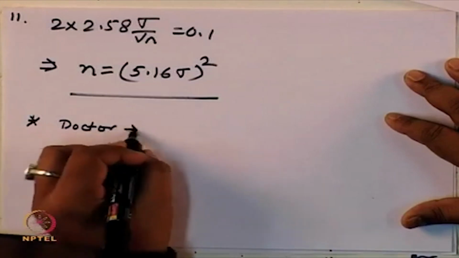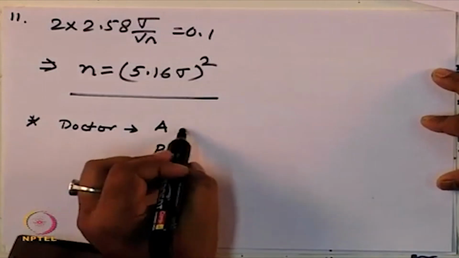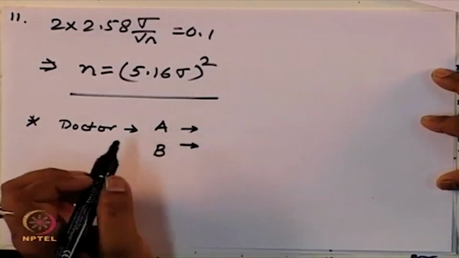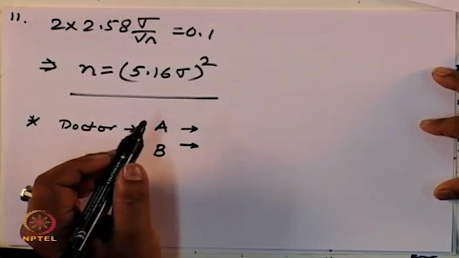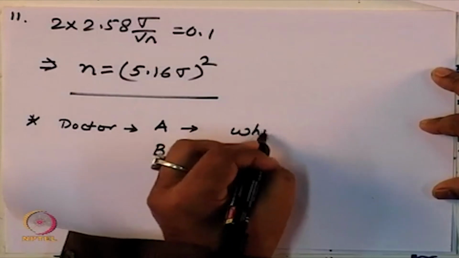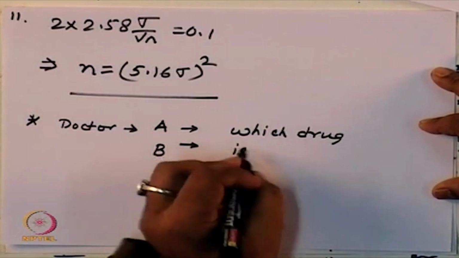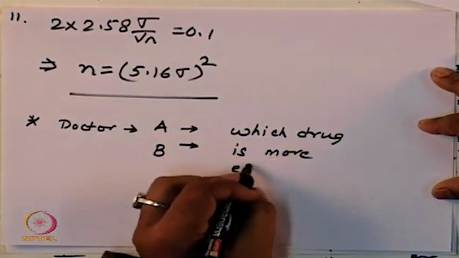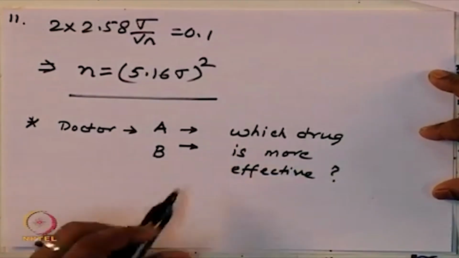In other words, let us say you have a patient and the doctor is considering administering drug A or drug B, and he wants to understand which of these two drugs will be much more effective for a given population. So, the question is which drug is more effective. How do we address this question?